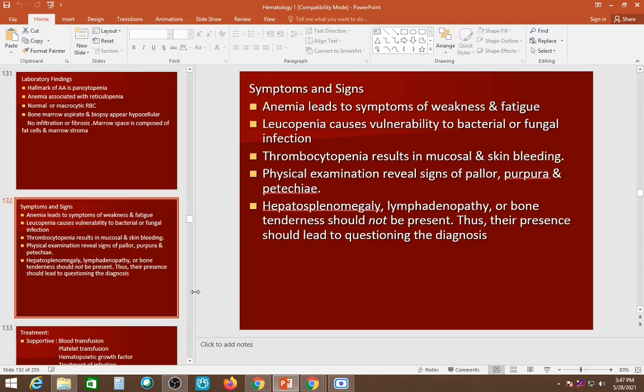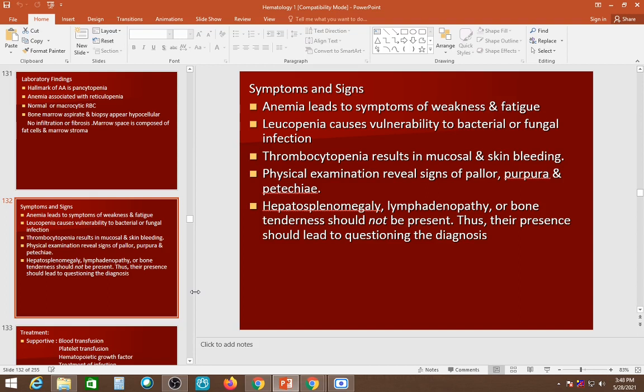So what will be the symptoms and the signs? They'll come with the manifestations of pancytopenia, right? Anemia: the patient will come with symptoms of anemia, like weakness, fatigue. Leukopenia causes vulnerability to bacterial or fungal infection. So these people will come with infection, with high fever, whether pneumonia, a subcutaneous or skin infection, or anything.